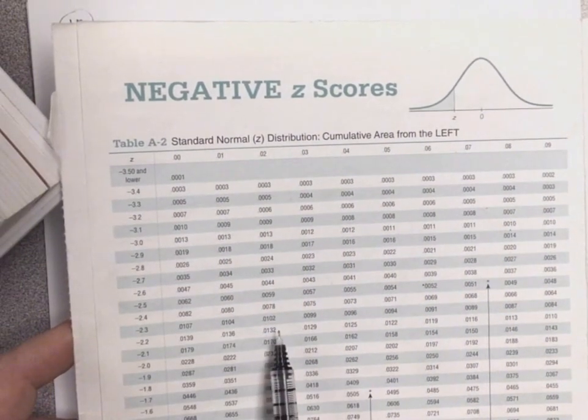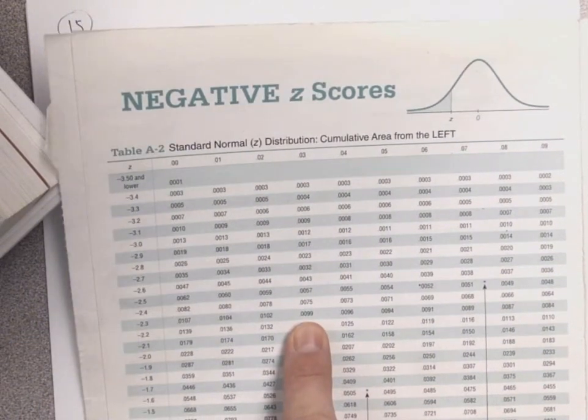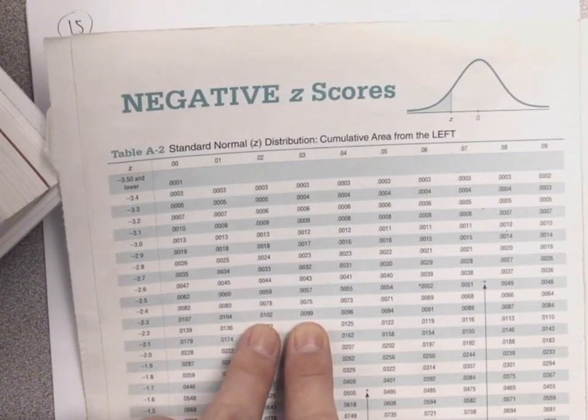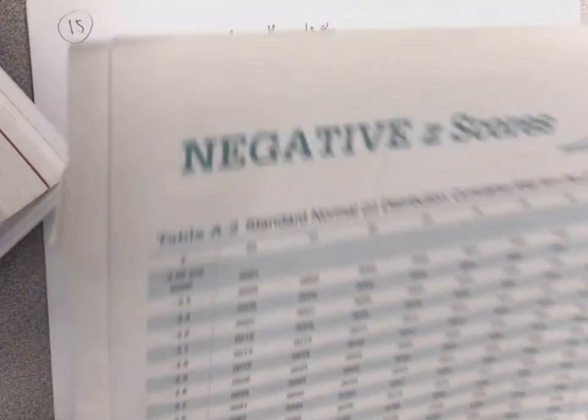That looks close. There's the closest number. I don't know if you can read it, but this one says 0.0102, which is very close. But this is 0.0099. This is only 1 unit away. You guys agree? And this is 2 units away? Units as far as the fourth decimal place.